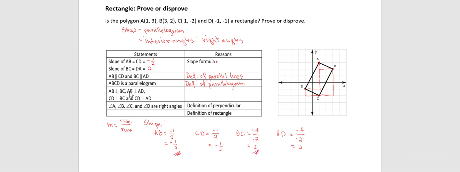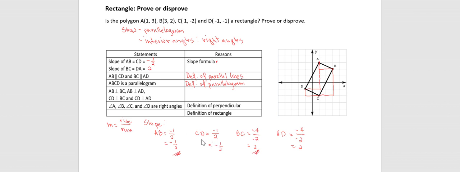Therefore, line segment AB should be perpendicular to line segment BC. Next, line segment AB has a slope of -1/2. Line segment AD has a slope of +2. They are negative reciprocals. Therefore, AB is perpendicular to line segment AD.